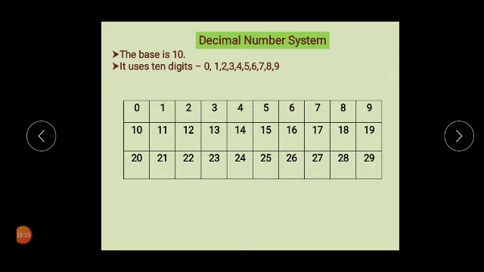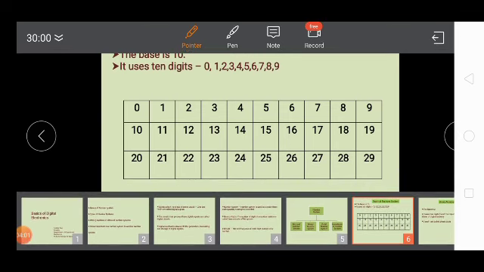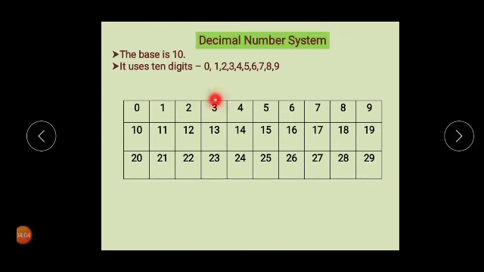Now how do we write numbers in the decimal number system? Starting from 0 we write 0, 1, 2, 3, 4 etc. up to 9. After 9, we write the next number, that is 1, followed by 0. Then 1 followed by 1, then 1 and 2 which forms 12, then 13, 14, 15, and it continues up till 19.